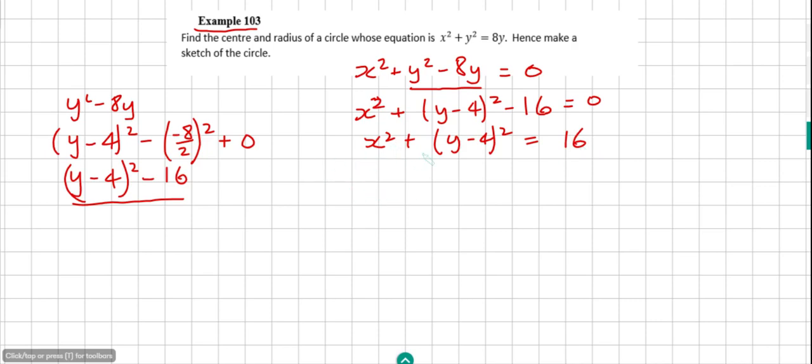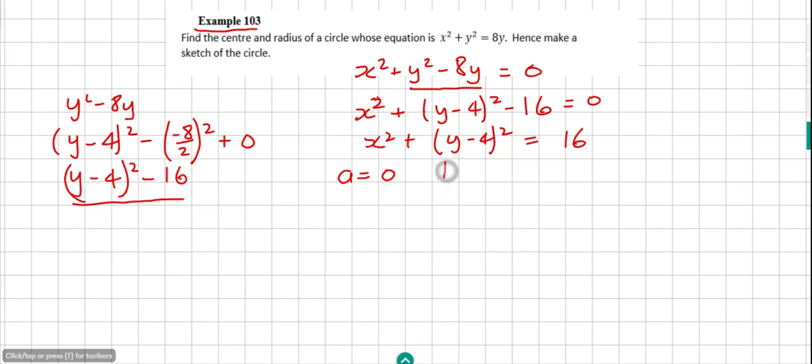And now we can see that because we're not adding any, we can find the value of the center of the circle, and we can find the radius. Because the x isn't inside a bracket, so not adding anything onto the x, the value of a is 0 here.